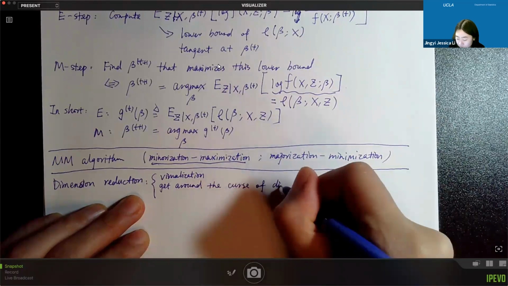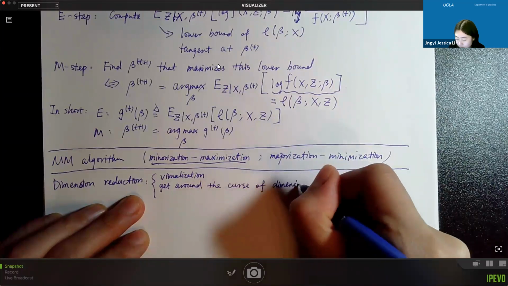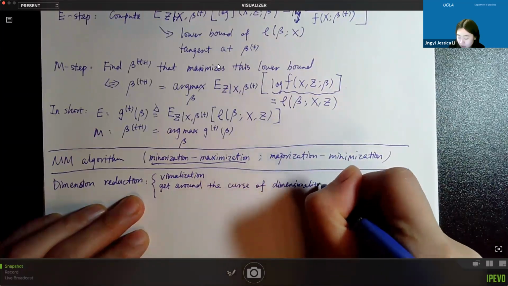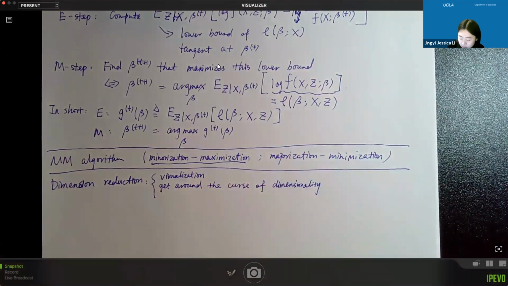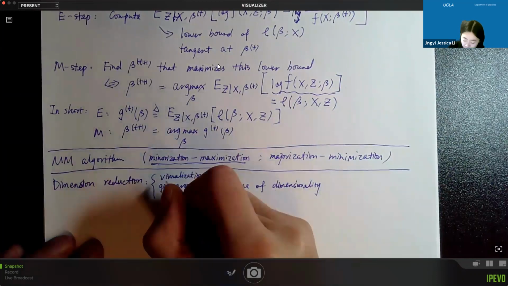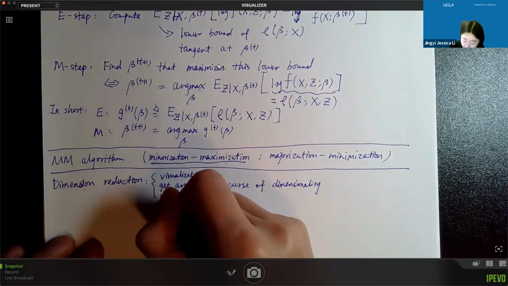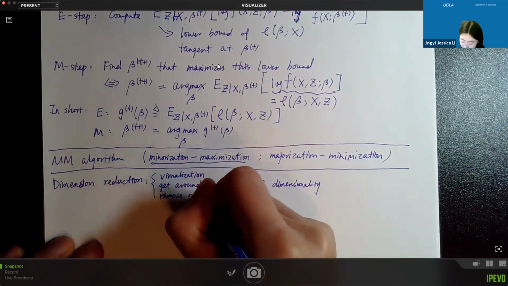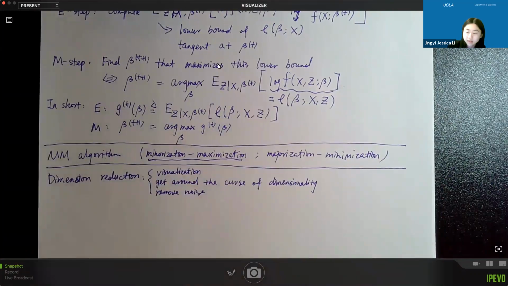Usually when we have too large dimensions, we have some issues. I will talk about what we mean by curse of dimensionality later. And the third is to remove noise. Hopefully by reducing dimensions, we can keep the biological signals while removing the unwanted noise. So these are the three purposes of doing dimension reduction.